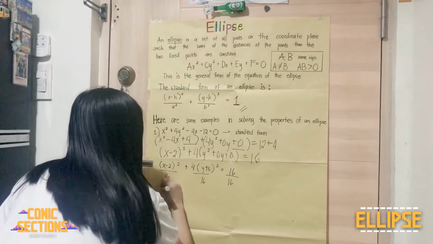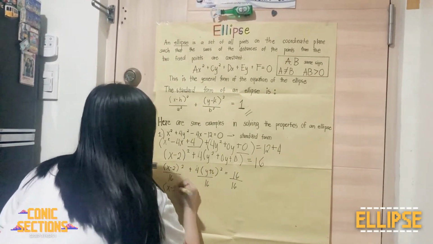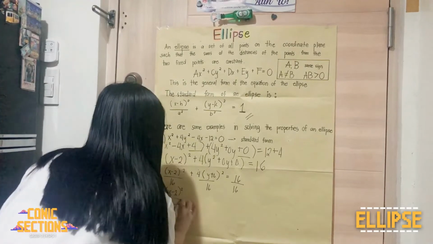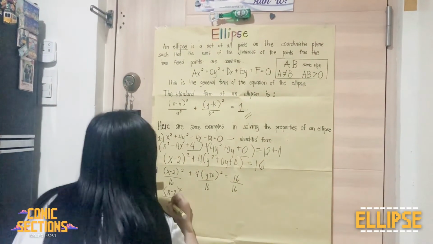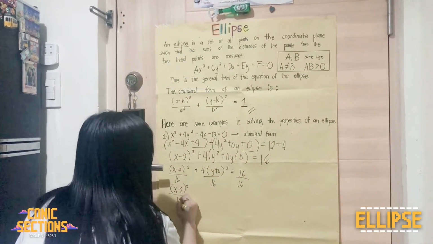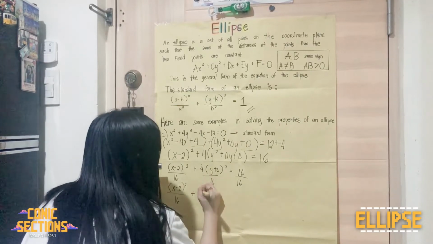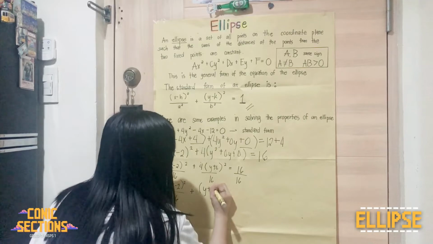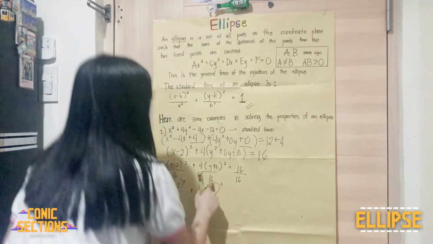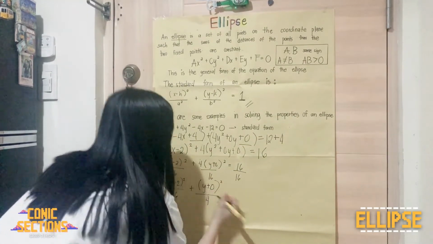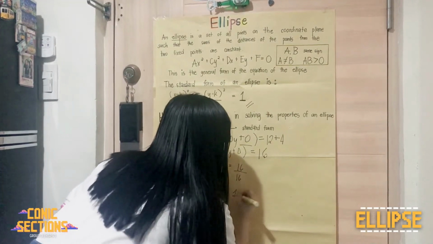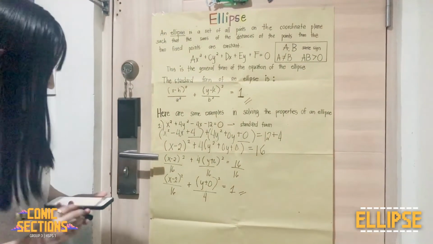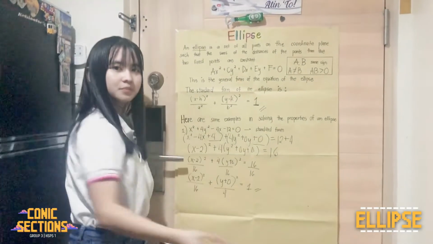So we have (x minus 2) squared over 16, plus y squared over 16 divided by 4, which is equal to 4, equals 1. So we have solved the standard equation of an ellipse.